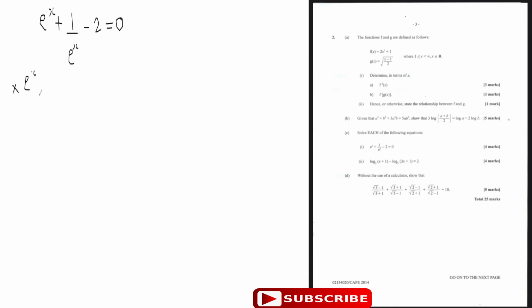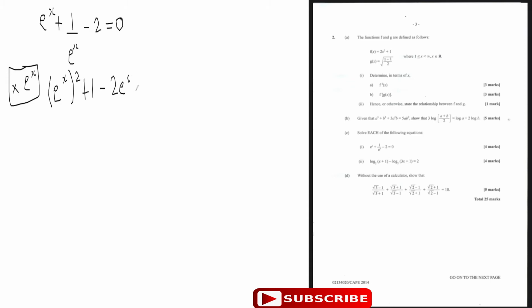By multiplying through by e to the x, this becomes e to the x squared. e to the x times e to the x is e to the x squared, plus 1, minus 2 e to the x. And that's equal to 0.